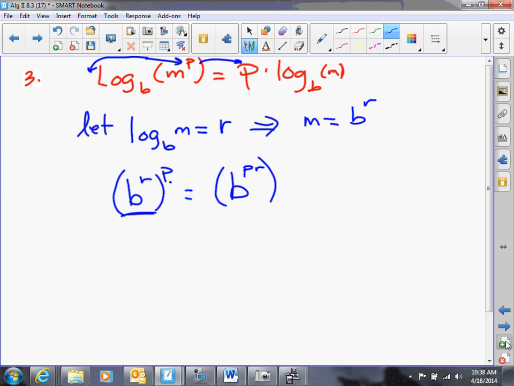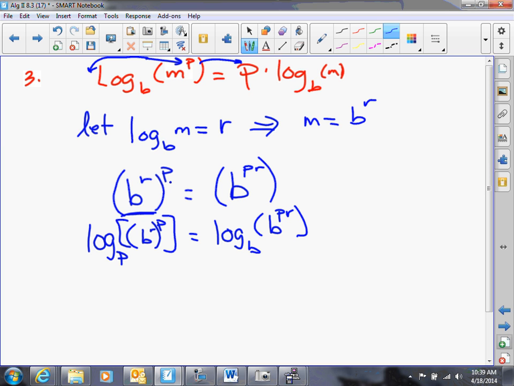Now, I'm going to take the log base b of both sides of this equation. So I have log base b of b to the r to the p, and I have log base b of b to the pr. Now, on this side, I'm going to point out that b to the r is m. So this left-hand side becomes log base b of m to the p.